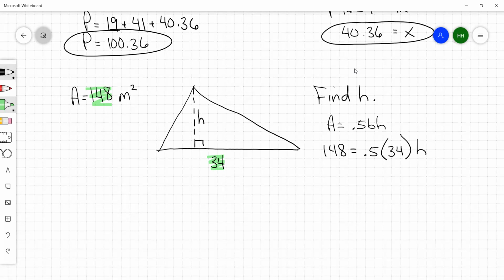And now do your math. All right, take your 0.5 times 34. So you get 148 equals 17H. And then you can divide both sides by 17.